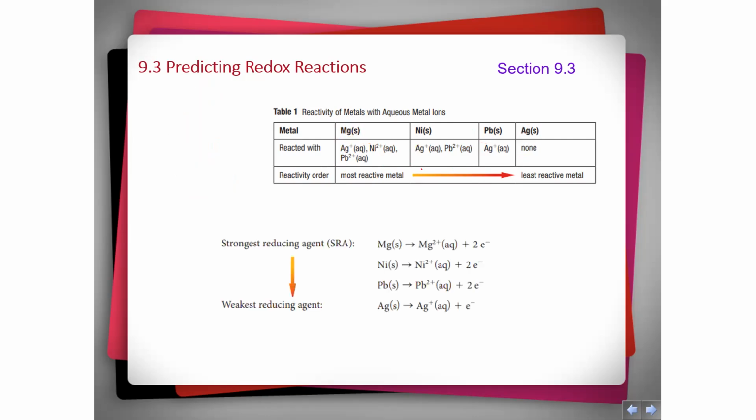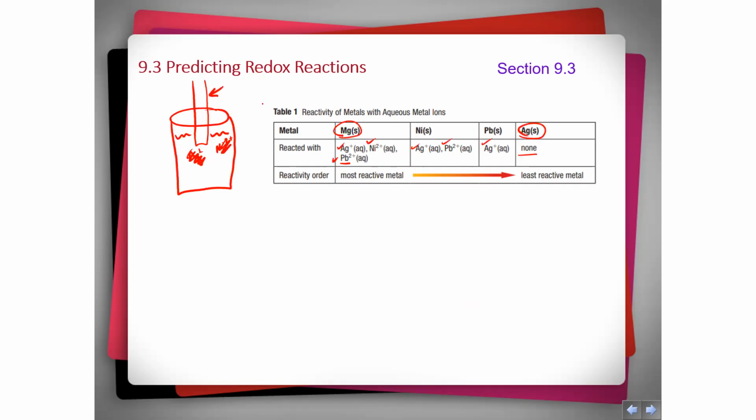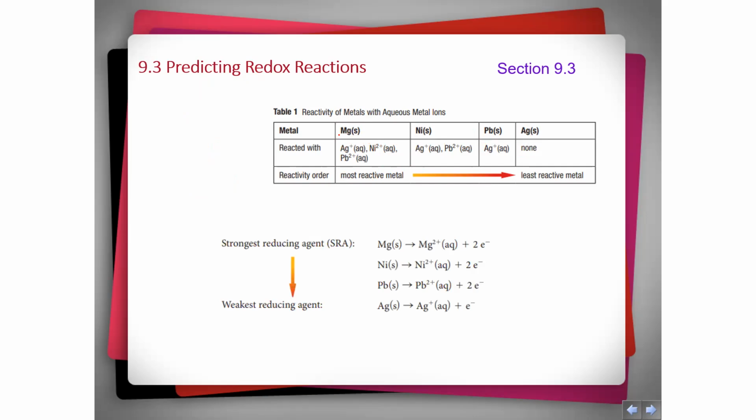Now I'm going to take those reactions and change them into half reactions. So magnesium solid, if it reacted, that means it would have changed from magnesium solid into its ion. It would have lost some electrons to become magnesium 2+ with 2 electrons.